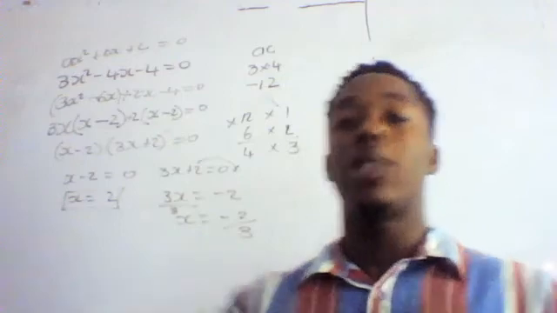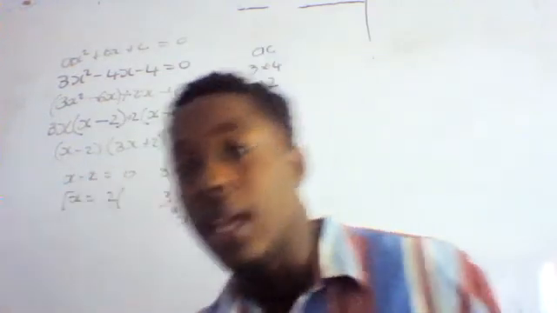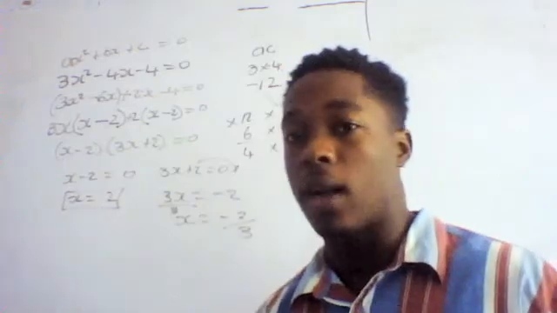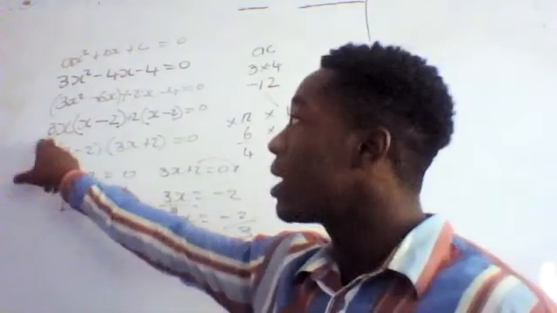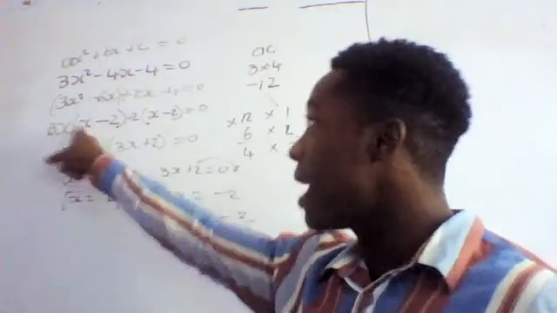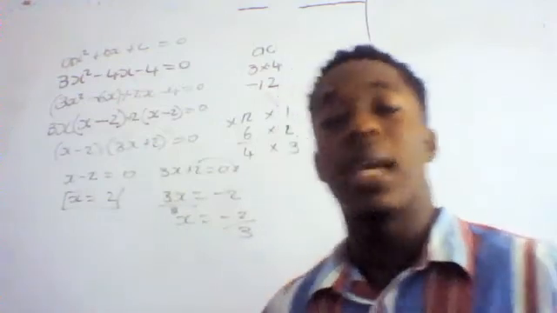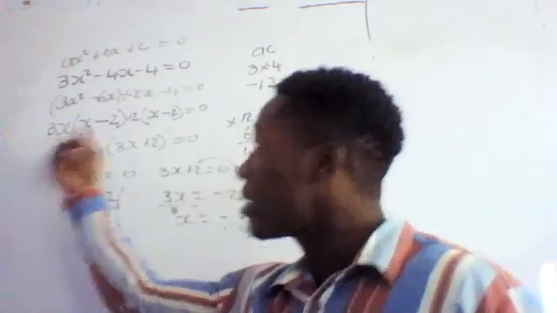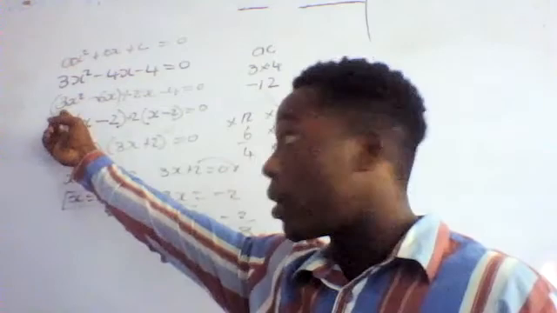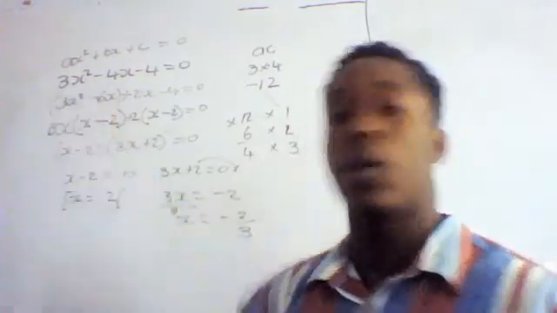If we take out this GCF, which is 3x, what is left is x minus 2. How do we know this is correct? We can check it. 3x times x gives us back 3x squared, and 3x times -2 gives us -6x. So we know it is correct.